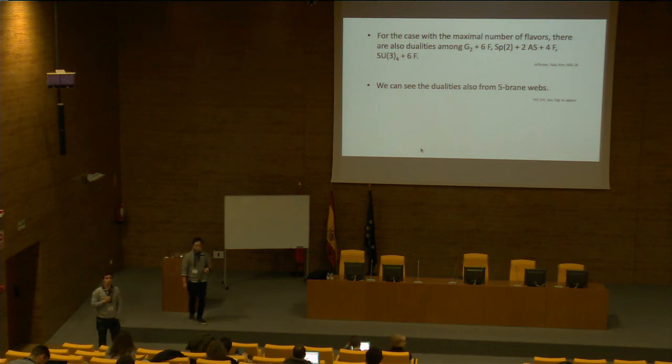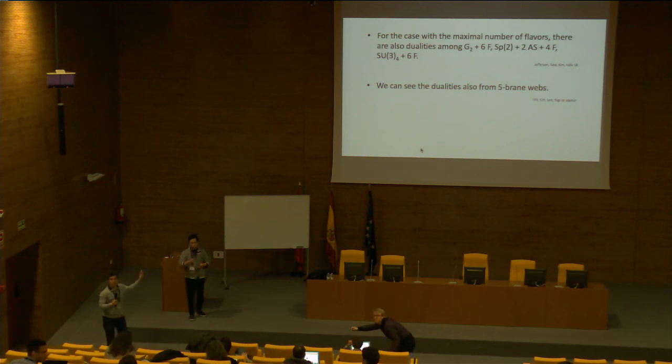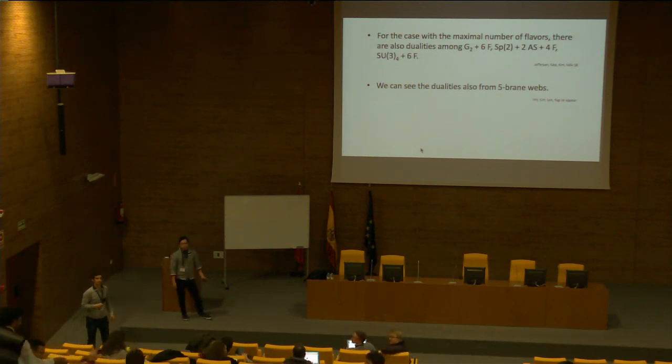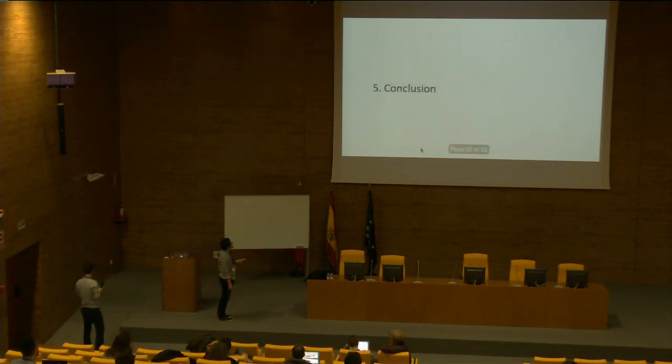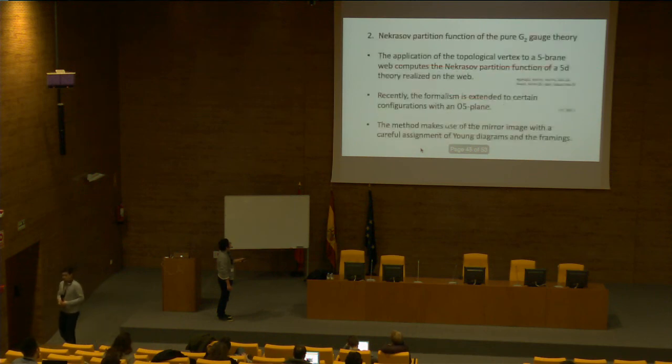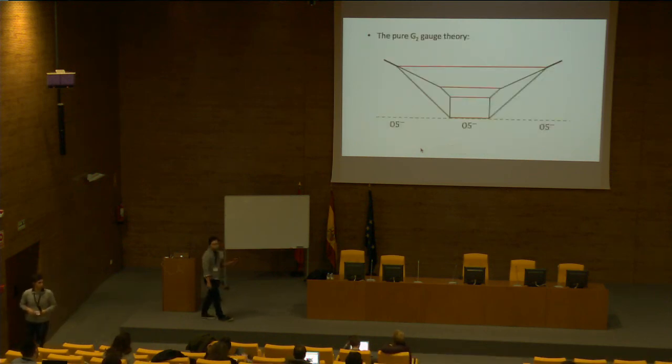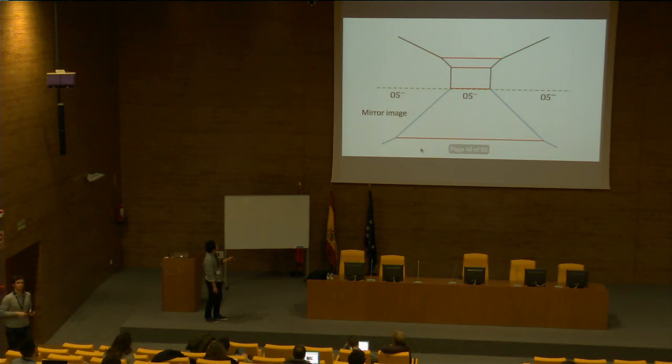Sorry, could you quickly summarize again how you were able to compute the Nekrasov partition function for this theory? Basically the topological vertex computation is, originally, this diagram is the one for the pure G2 gauge theory.